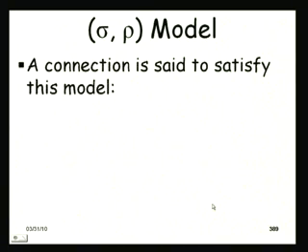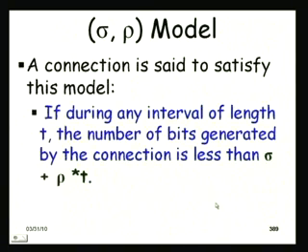We can have the sigma comma rho model. Here a connection would satisfy this model if during any interval of length T the number of bits generated by the connection is less than sigma plus rho T. So, once we have sigma and rho specified, even if you take T to be very small, it should be within sigma plus rho T. We can consider rho to be the average data and sigma is the size of the maximum burst that can occur instantaneously.